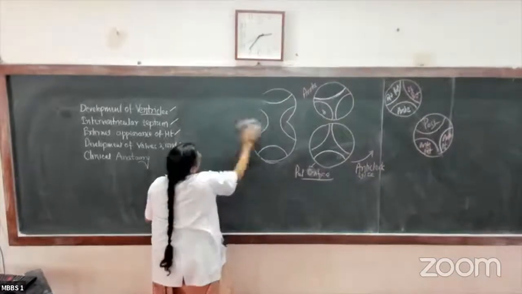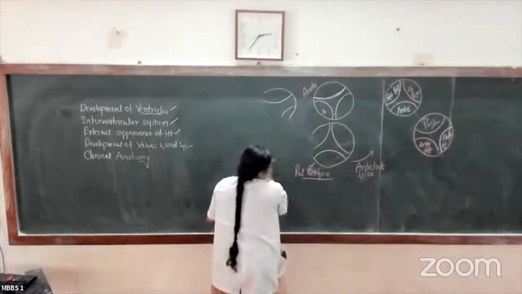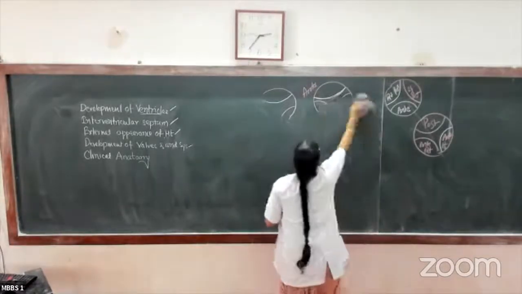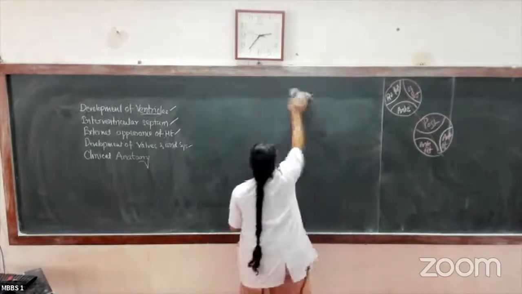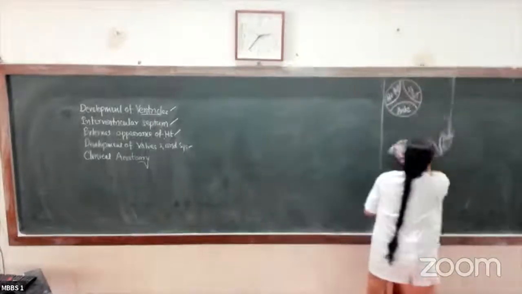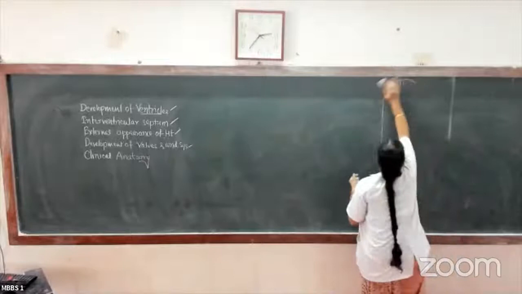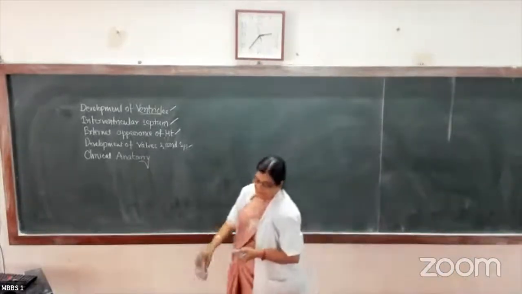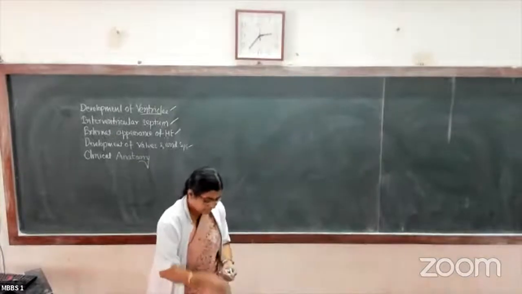Now coming to the truncus arteriosus, how it divides into two and gives rise to the pulmonary trunk and ascending aorta. The pulmonary trunk is first anteriorly placed.